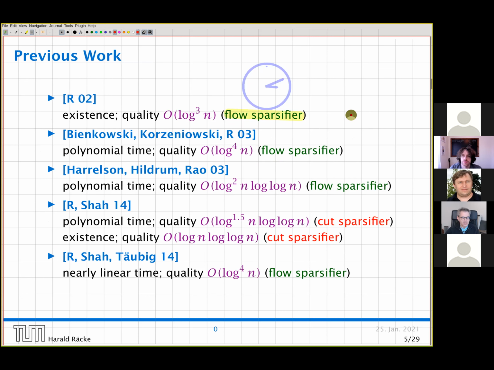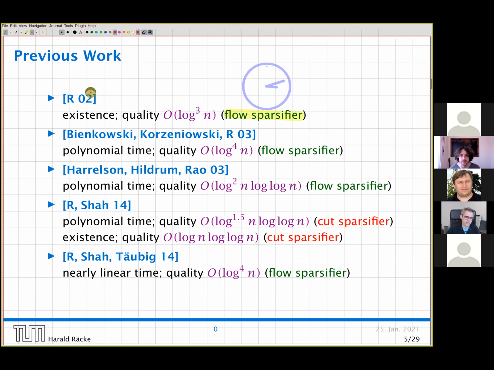It says any flow that I can route in the tree, I should be able to route in the graph with approximately the same congestion. So this is a flow sparsifier, and a flow sparsifier is strictly stronger than a cut sparsifier, but the difference is at most a logarithmic factor because of the approximate max-flow min-cut ratio. So these are closely related, and as we've seen in our talk, logarithmic factors will not be important for us.